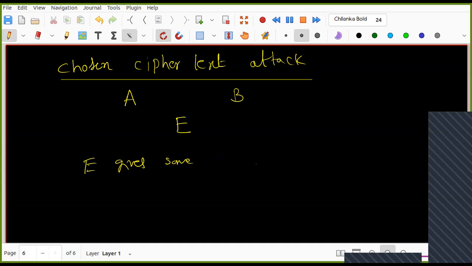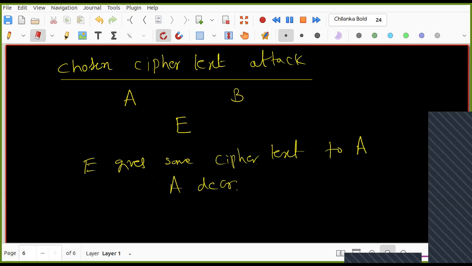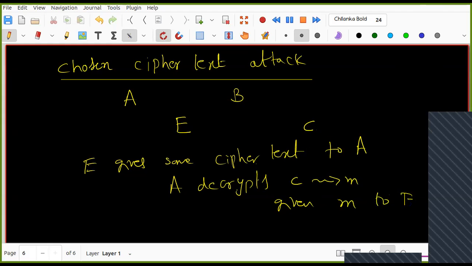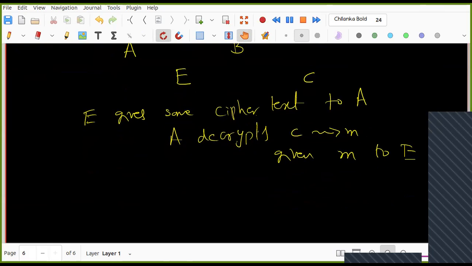Actually, chosen ciphertext means the eavesdropper gives some ciphertext C to A, right? Now A decrypts the ciphertext C to M and gives M to E. Now what does E have? The pair C comma M, one pair E has.